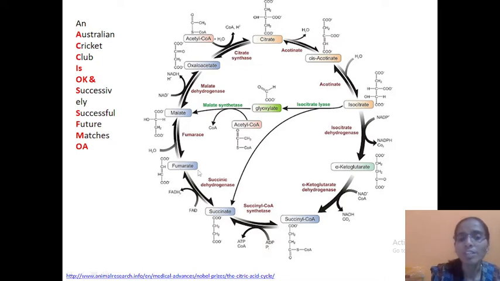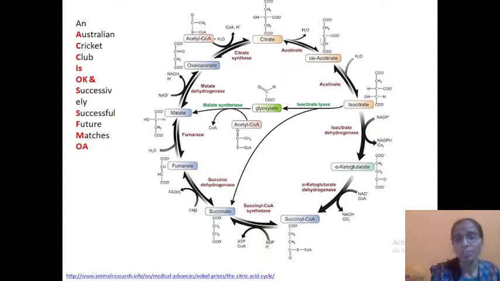The fumarate has a 4 carbon unit. Now the fumarase enzyme converts fumarate into malate, also a 4 carbon compound, and in the presence of malate dehydrogenase, malate is converted into oxaloacetate.